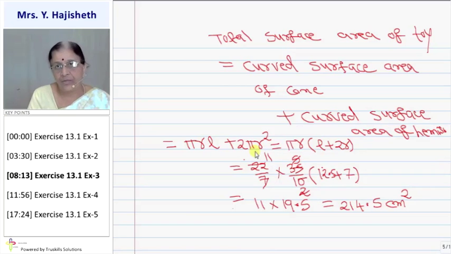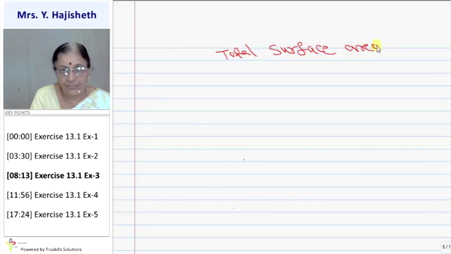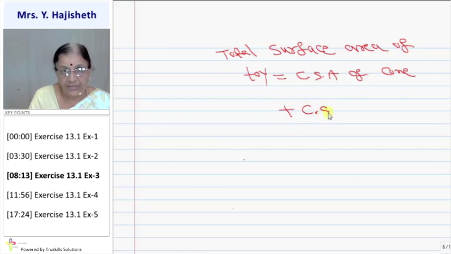Clear? So now I write the formula for total surface area of toy: it is equal to curved surface area of cone plus curved surface area of hemisphere. Clear?